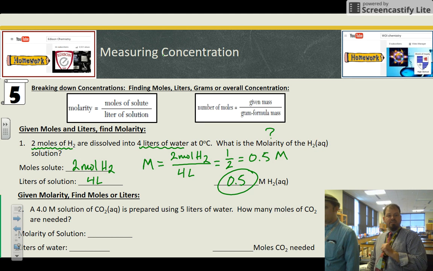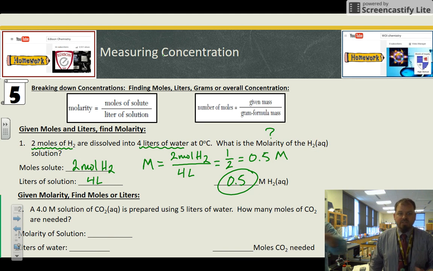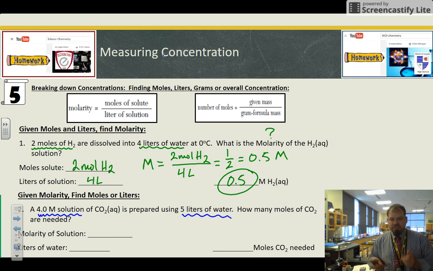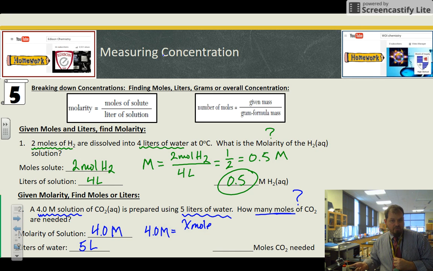The next piece is just kind of doing it backwards. It's algebra. You can rearrange the equation if you'd like, or you can just plug and chug into the given equation and use your algebra skills to still solve. In this case, it gives me my molarity. The molarity of my solution is 4, and the volume of my solution is 5 liters. So I plug in the 4 for the capital M. I don't know the moles, I'm solving for that, and I have to divide by liters.